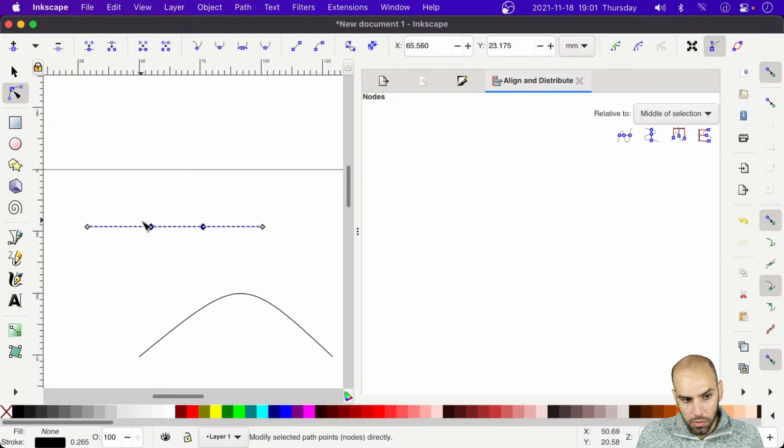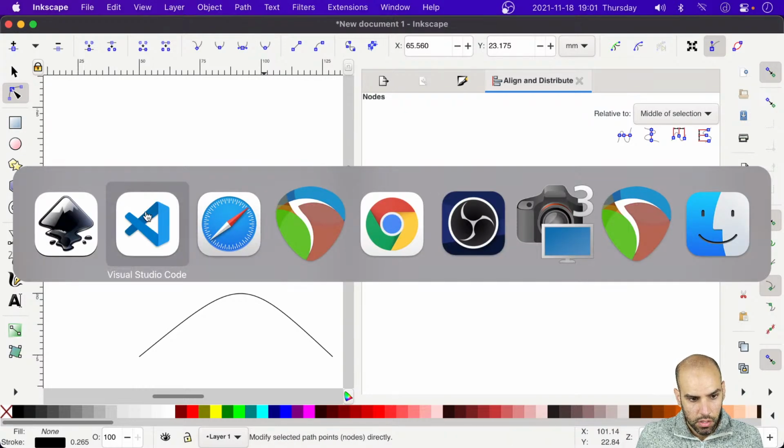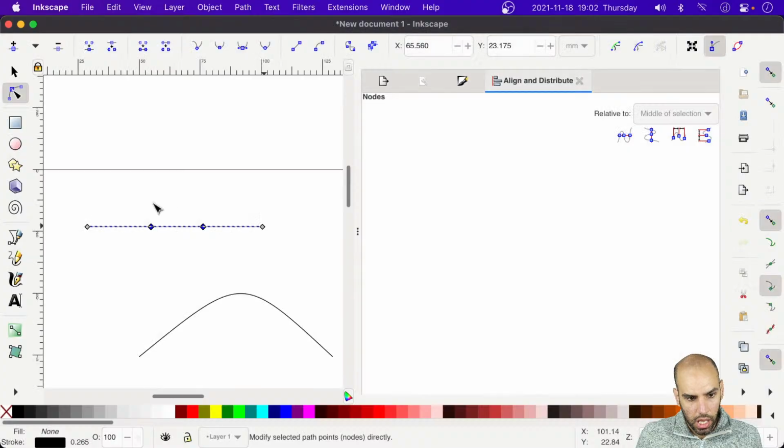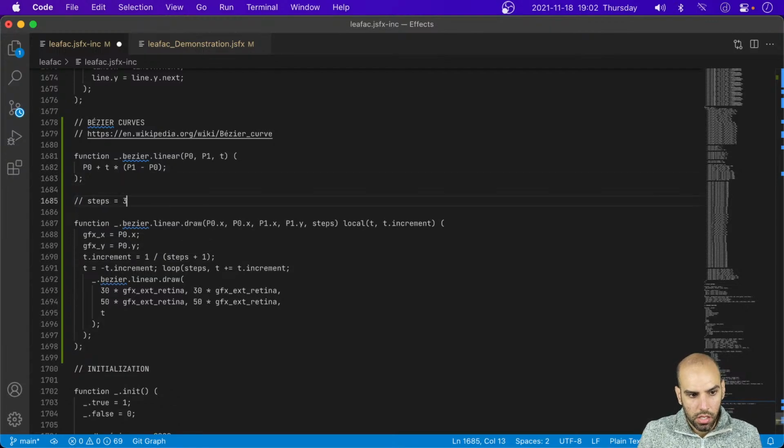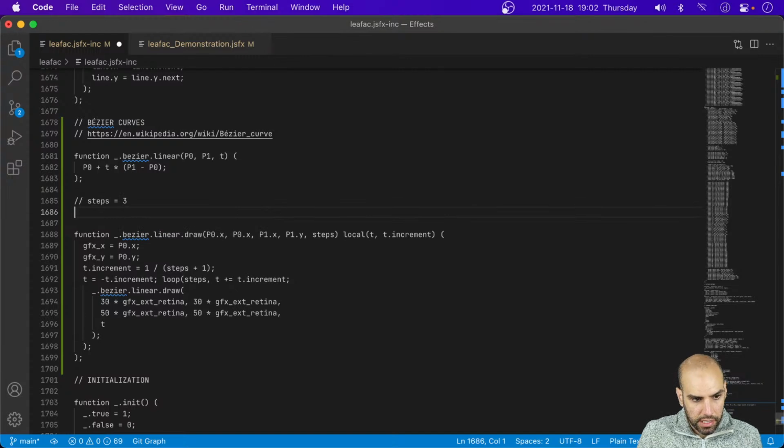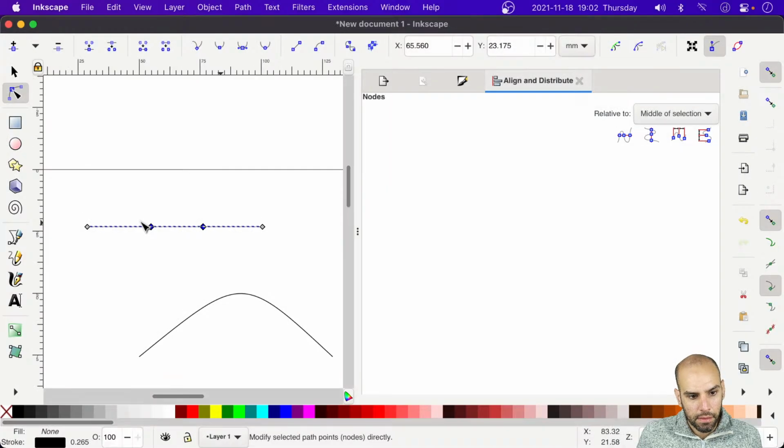And I need this to be 0, 0.33, 0.66, and 1. So if steps is 3, then my t is going to be 0, 0.33, 0.66, and 1. Because this divides a third of a line and 2/3 of a line.